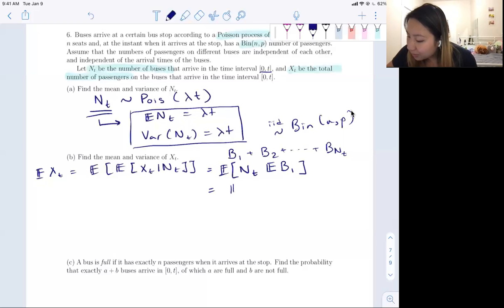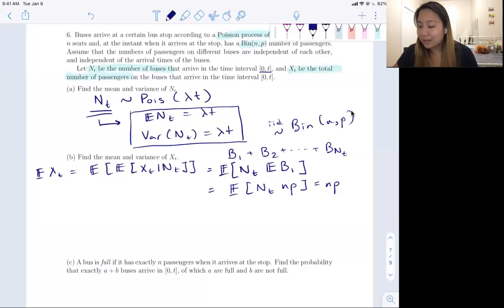So this is the expectation of N_t times np. And since np is a constant, that is np times the expectation of N_t, which we found up here is lambda t. So this is our expectation of X_t.